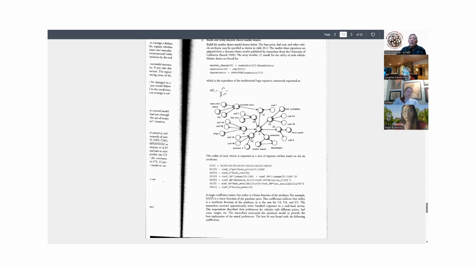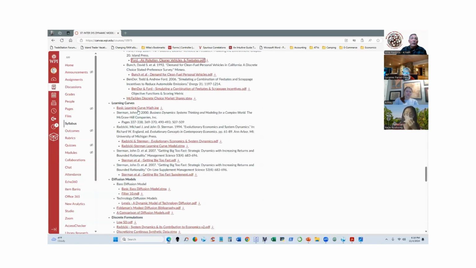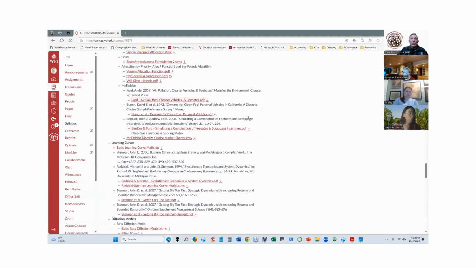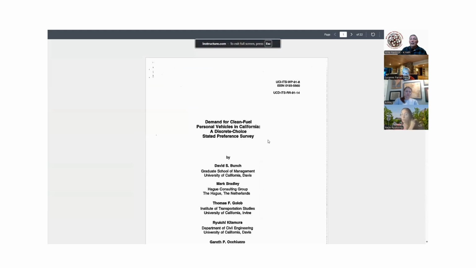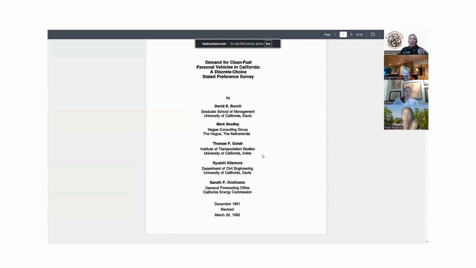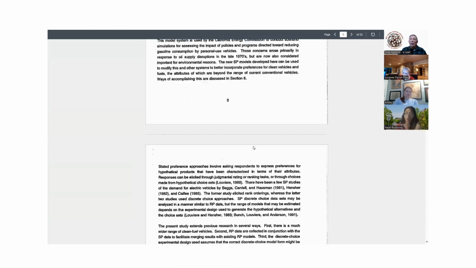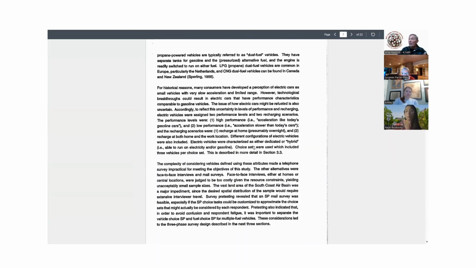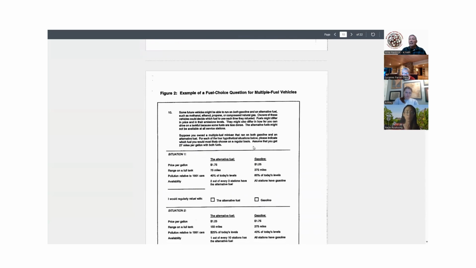What he did was use a survey. He didn't do the survey, but he used this survey done by folks at UC Davis, The Hague, and elsewhere. These folks describe a survey they did, asking people about the attributes of a vehicle that they would want to buy.